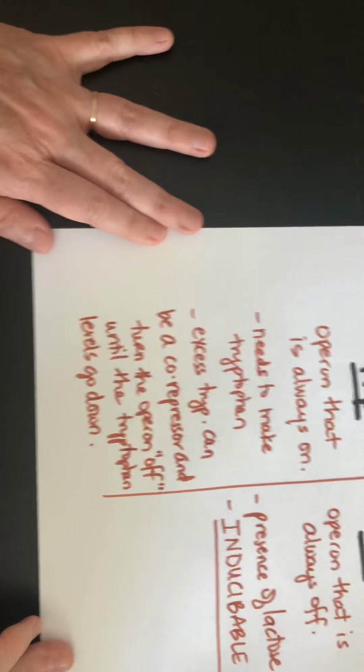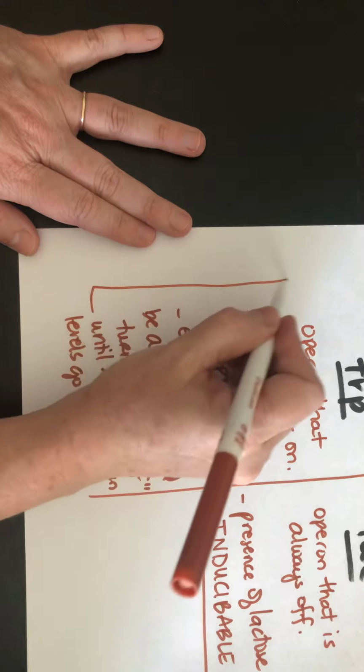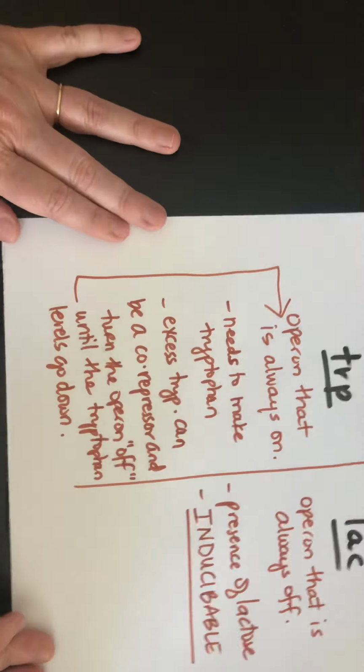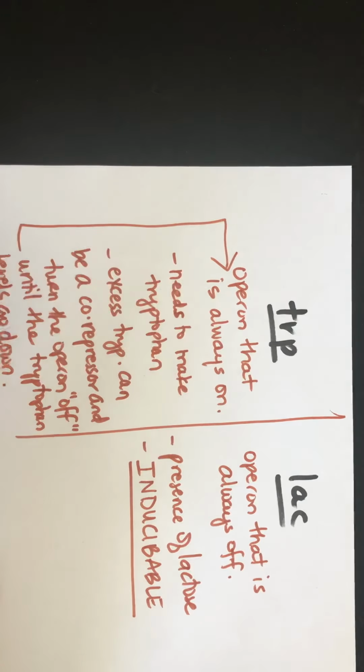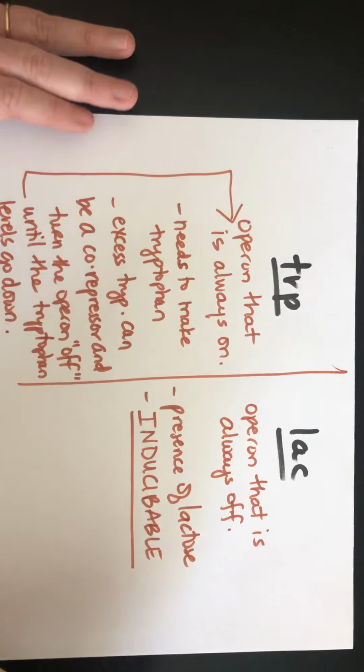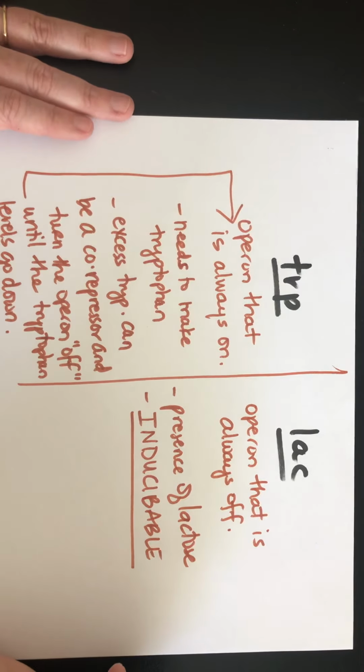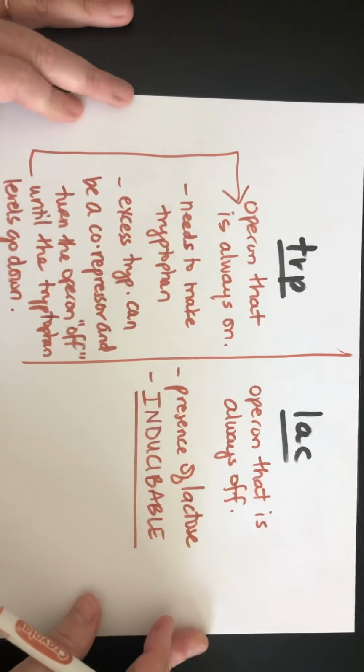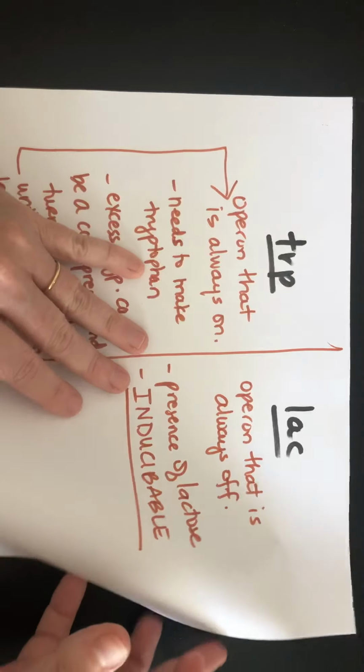Okay, so it's like a negative feedback. It can come back up here and turn itself off and slow down the process. The Lac Operon is only going to turn on when lactose is present because there's no need to waste time and energy.